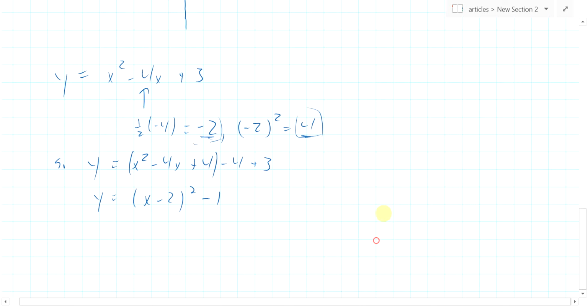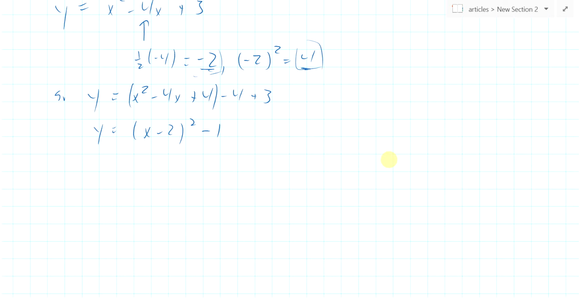So again, we can graph this. We can actually, now that we've done a couple of cases of this, oops, don't need the central axis, we can say, well, we know where the vertex is because the way it's written, it tells us that it's been moved right 2 units and down 1. So our vertex is going to be at 2, minus 1.